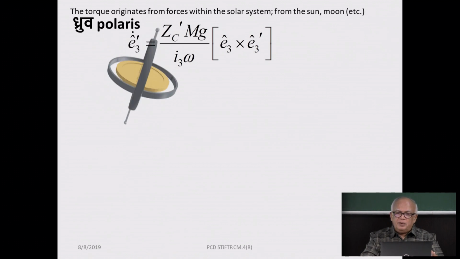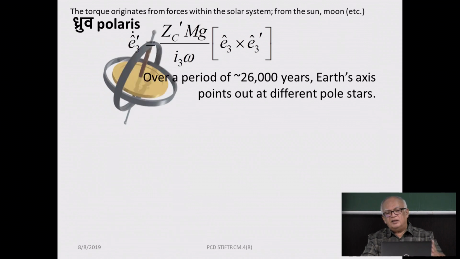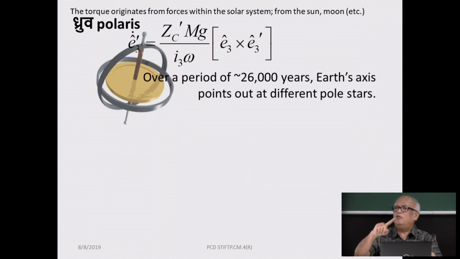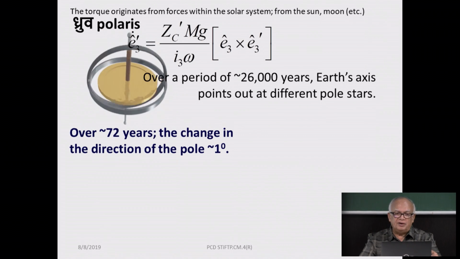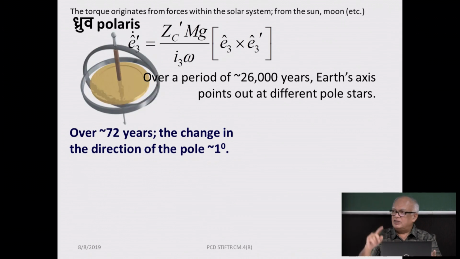The Earth would also be precessing, and it takes like 26,000 years for the Earth's axis to precess and complete one full rotation. Now this is a very interesting astronomical event, right? So it takes 26,000 years to complete this 360 degrees.